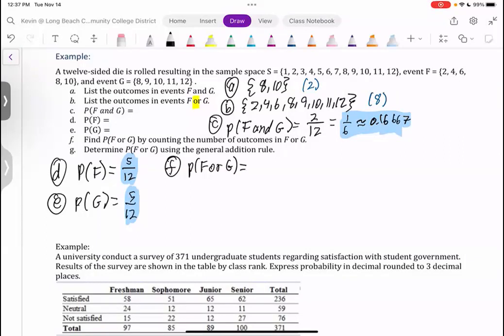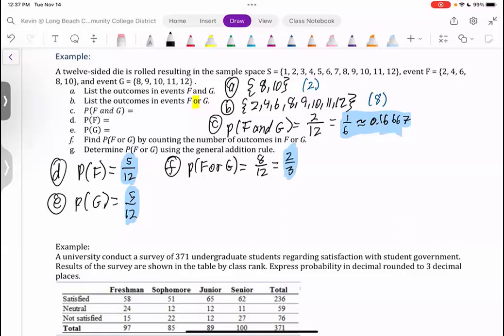So I'm going to go back to part B. It looks like there's a total of 8 out of the 12 that are in event F or in event G, which reduces to 2/3. And I'm just going to leave that as a reduced fraction.